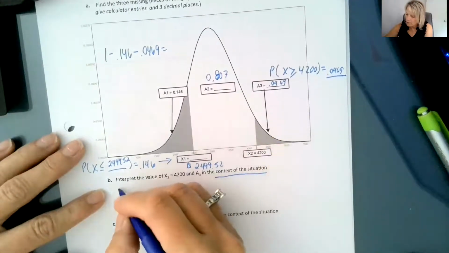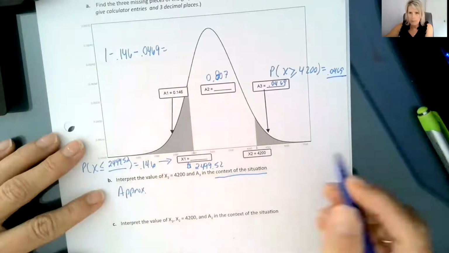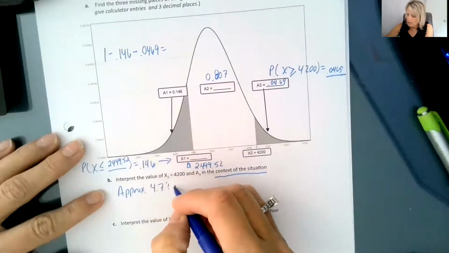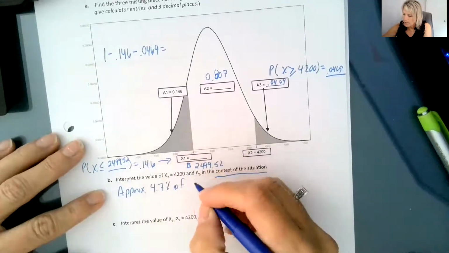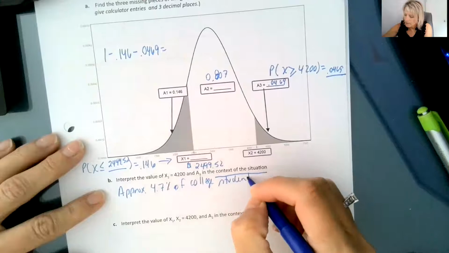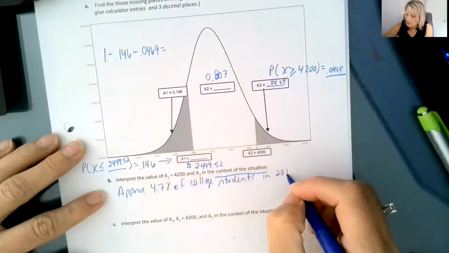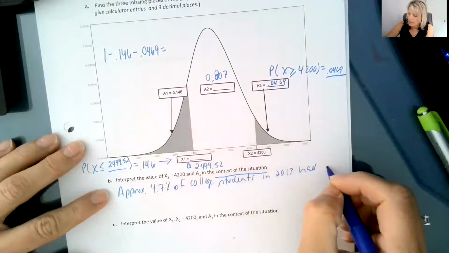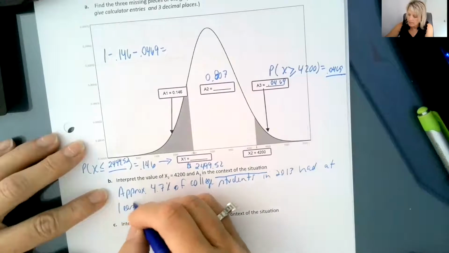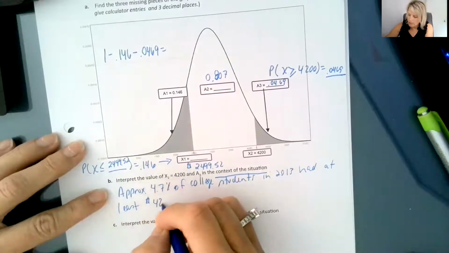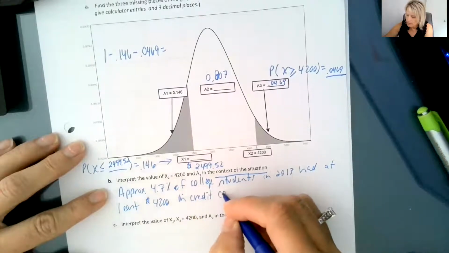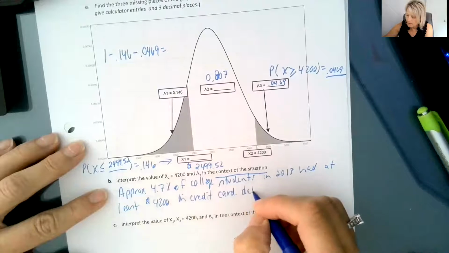So approximately, because I'm approximating this percent at 4.7%, approximately 4.7% of college students in 2013 had at least, right, because this is shaded bigger than, so had at least $4,200 in credit card debt.